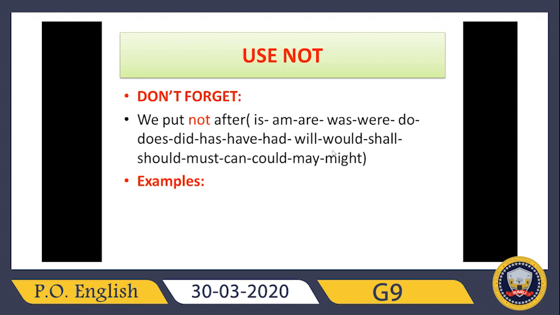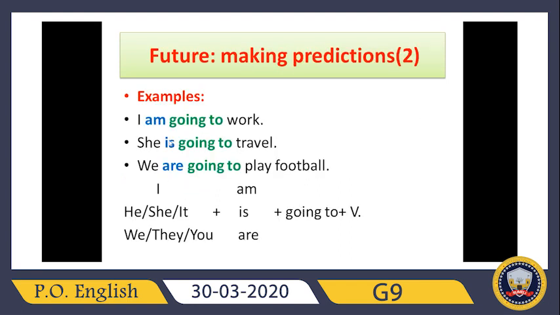Just try to find these words, then put not after them. Like here in the example. For example, if I want to say put not here, where shall I put it? Yes, after am. And here, after is. And here, after are. So it will be we aren't. She isn't. I am not.